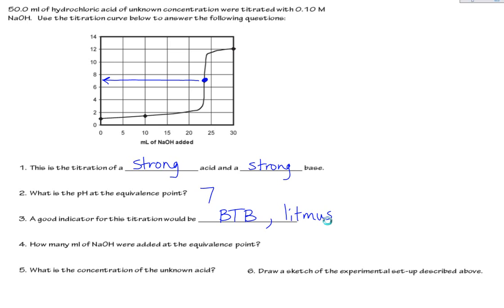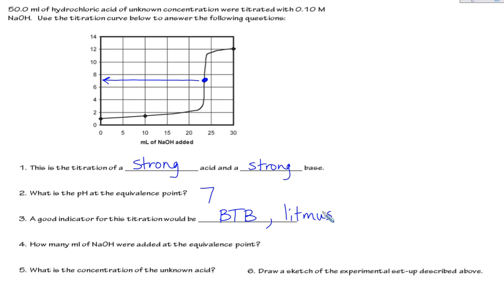Okay, so now the calculations. How many milliliters of sodium hydroxide are added at the equivalence point? If we were doing this without a computer, that's when we end the titration. So if I were using this bromothymol blue, I would stop mixing acid and base when I see the green color. Now if we're using the computer, excellent.